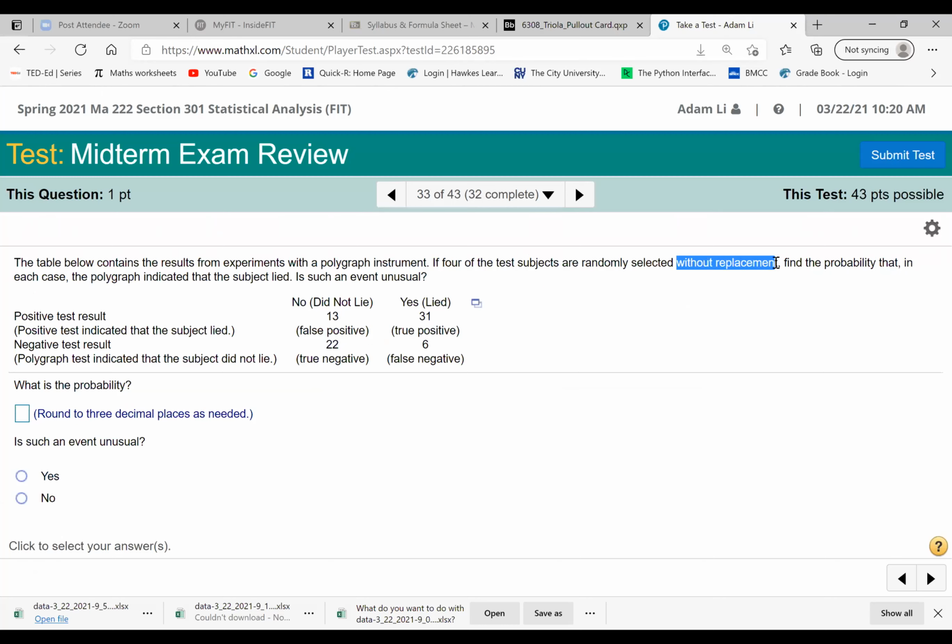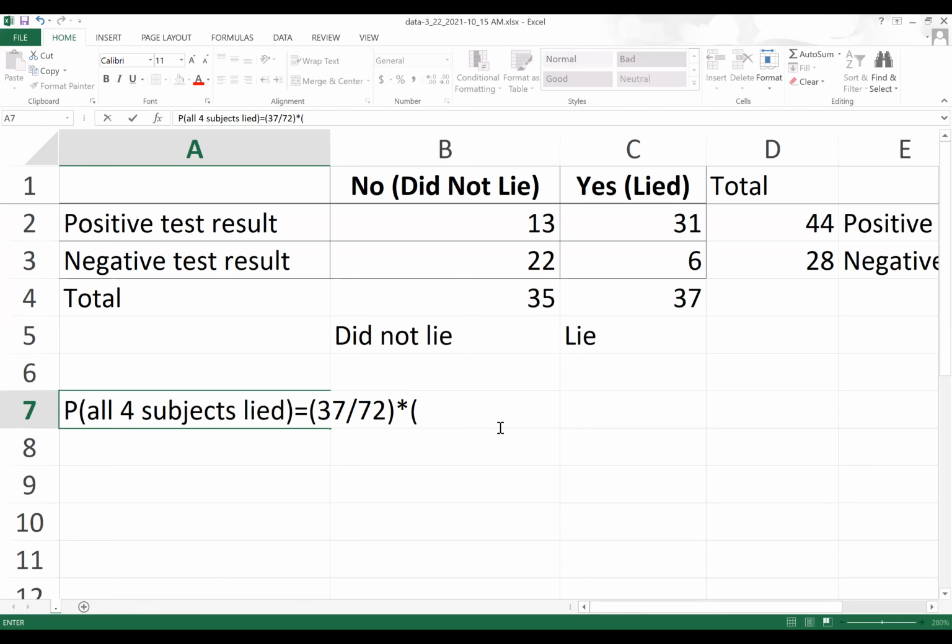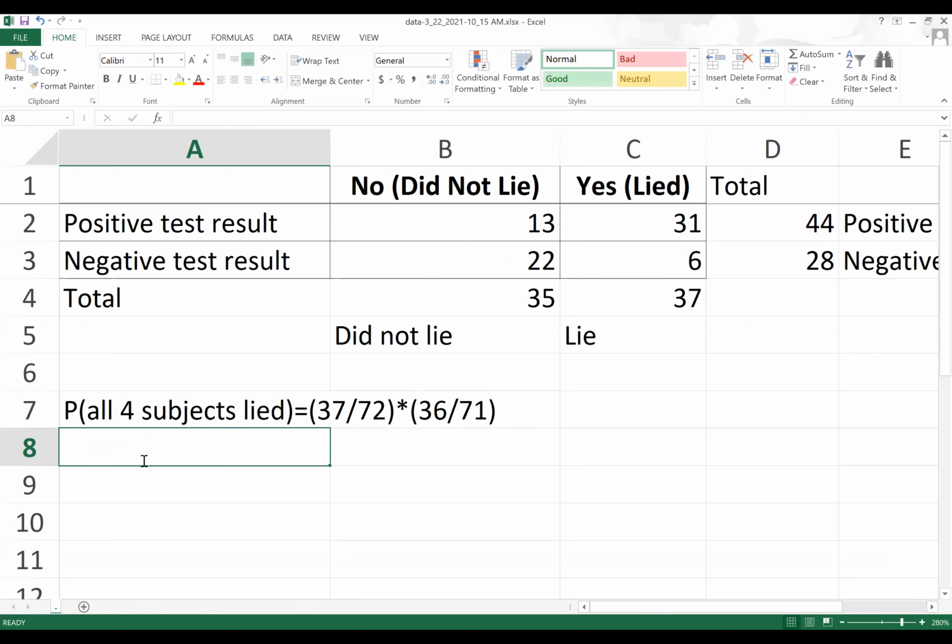So what this tells us is if you pick a subject who lied and you throw it away, meaning it's no longer there, then when you pick the second subject who lied, there's only 36 subjects remaining who lied, out of only 71 subjects remaining. So this is a given condition, without replacement.